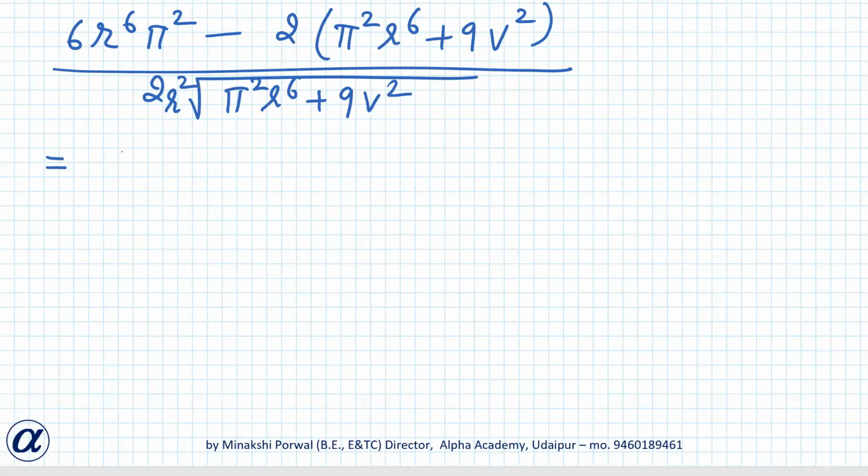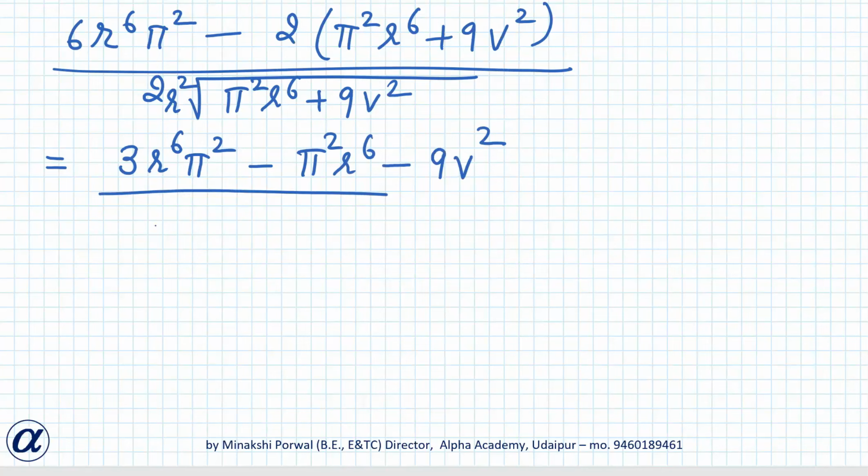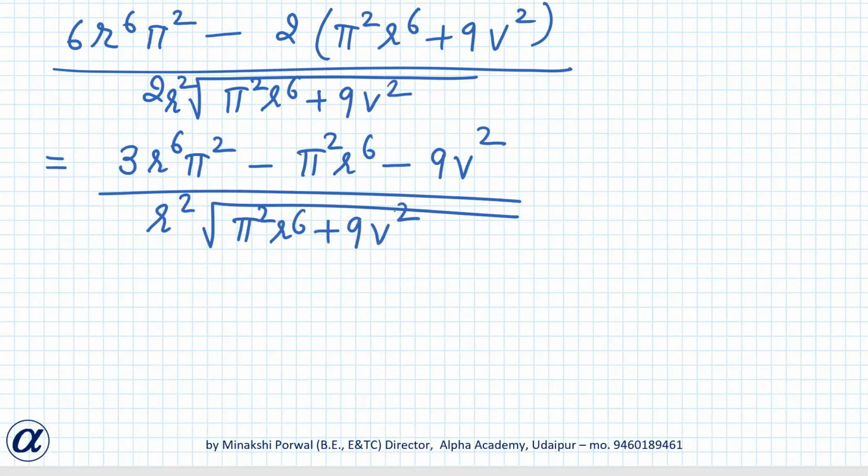So taking 2 common, 3 pi square r to the power 6 minus pi square r to the power 6 minus 9V square, upon r square under root of pi square r to the power 6 plus 9V square. Both terms are like terms, pi square r to the power 6, so 3 minus 1, it will be 2.